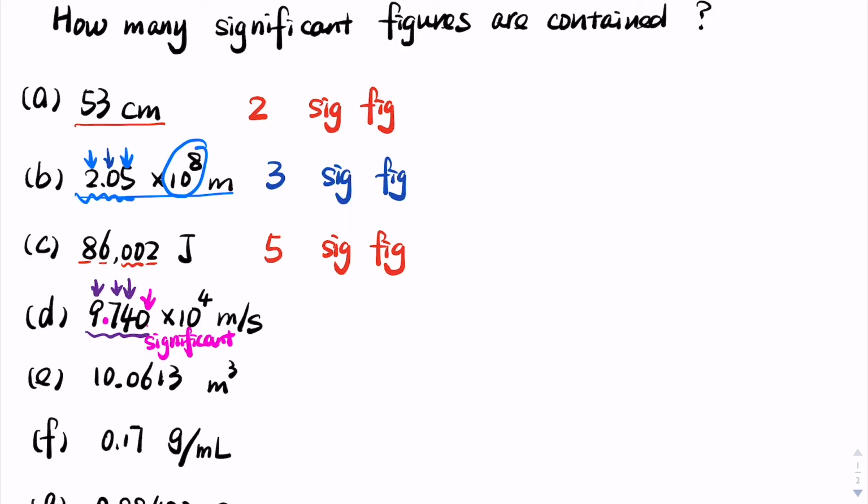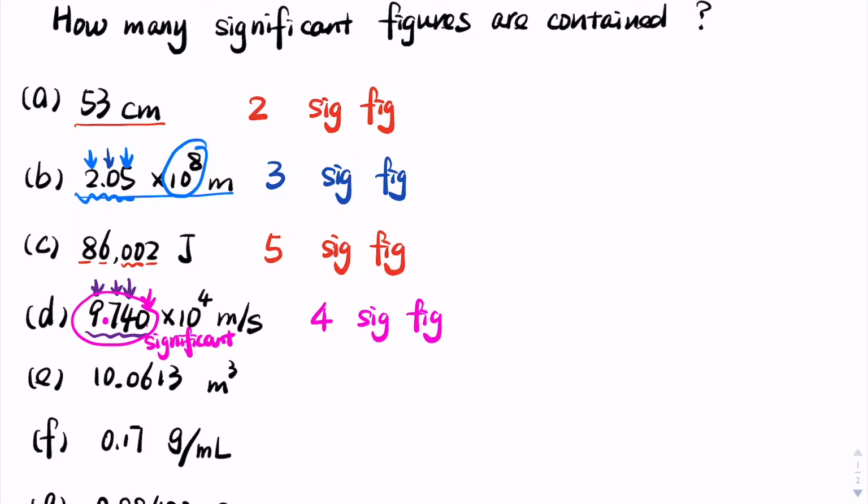Therefore, in this whole measurement, 9.740, all of them are significant, so you have 4 sig figs.